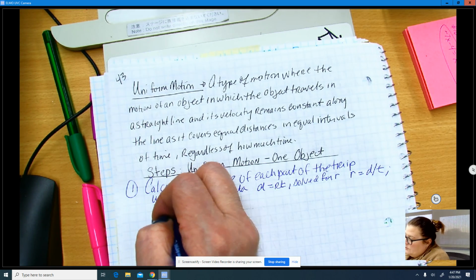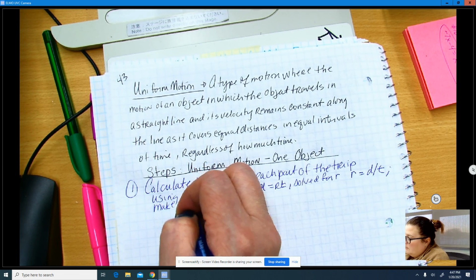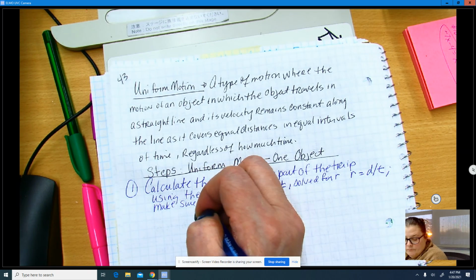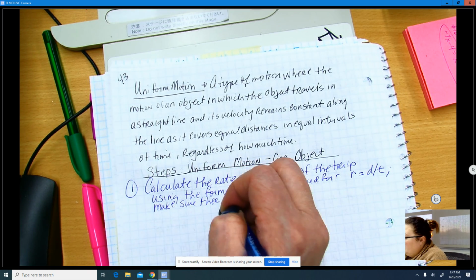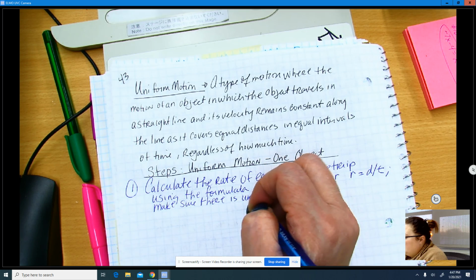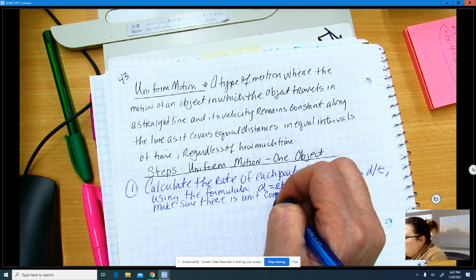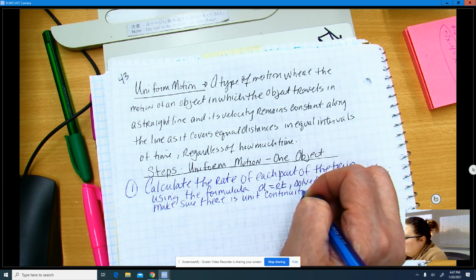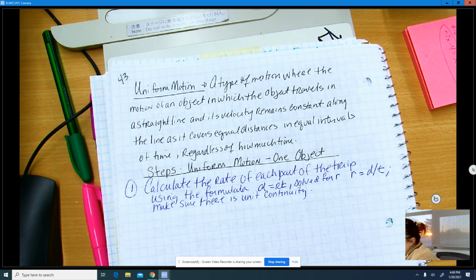And we need to make sure there is unit continuity. So when we're talking about uniform motion of one object, we're talking about when they have told us this object, this person, this car, whatever it is, has moved this distance in this amount of time.